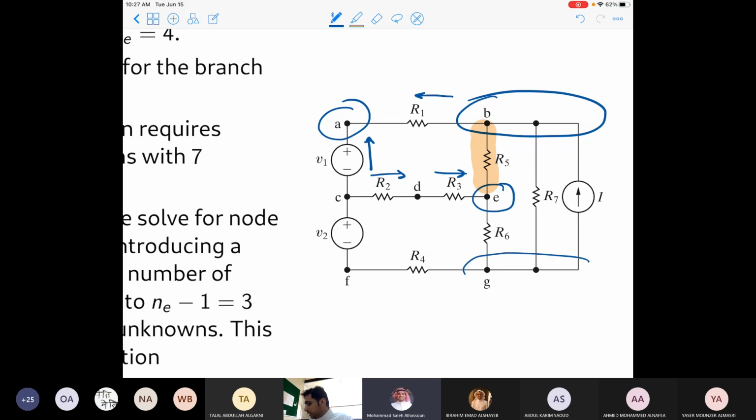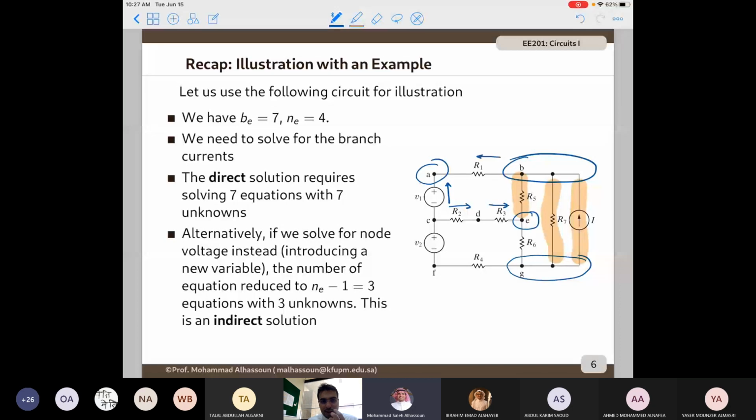G here is an essential node, so this branch is an essential branch. This branch is also an essential branch because it connects two essential nodes. Shifting the focus from branches to essential branches reduces the number of equations from 10 to 7, because here I have 4 essential nodes out of 7 nodes.